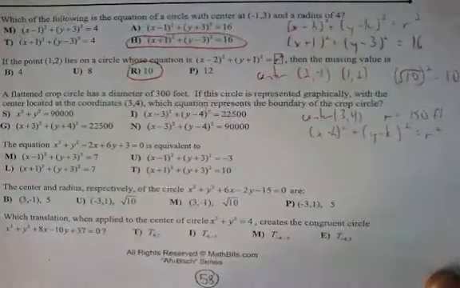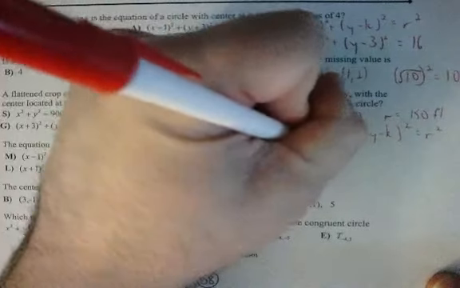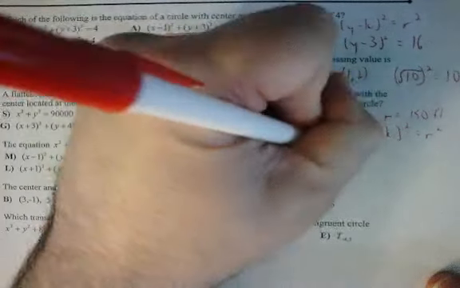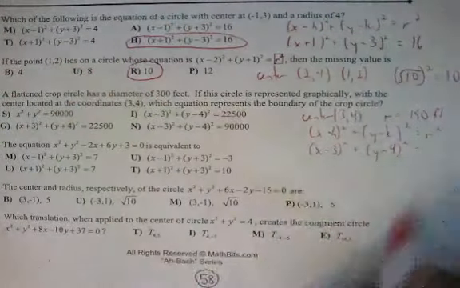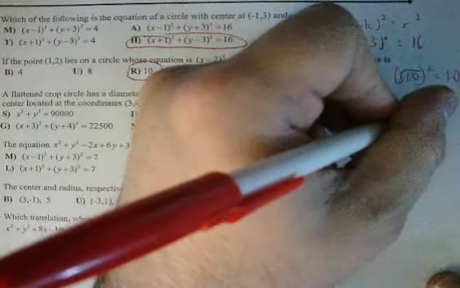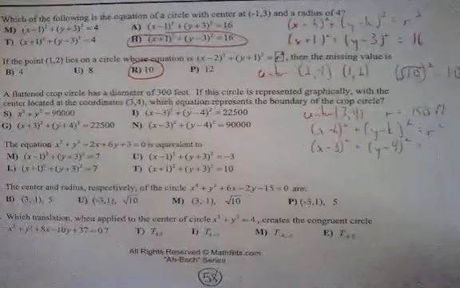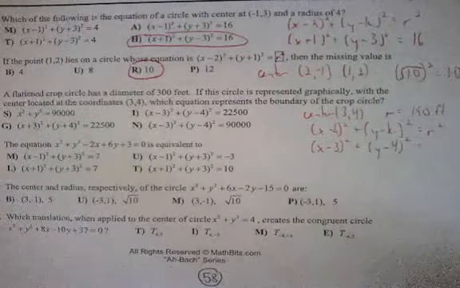So the standard form of a circle, I'm just going to write, and plugging that information in, it's going to be x minus the x coordinate, which is 3, and then y minus the y coordinate, which is 4. Remember, both of those binomials are squared. And then you're also going to square the radius.